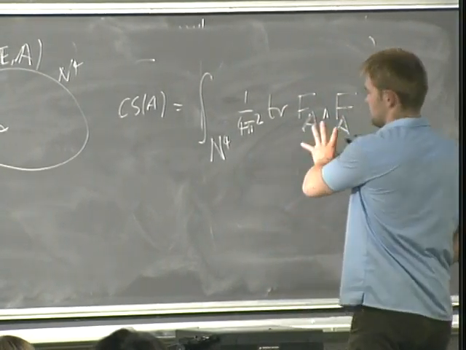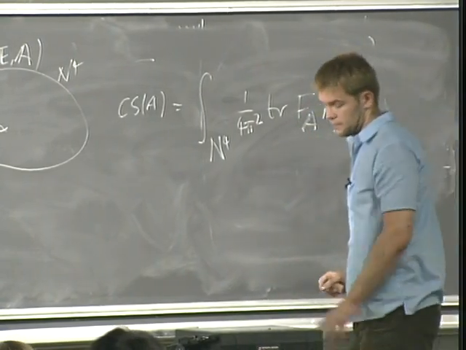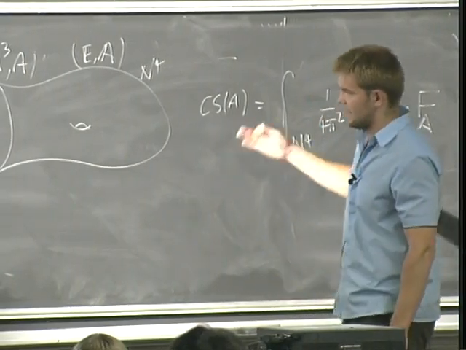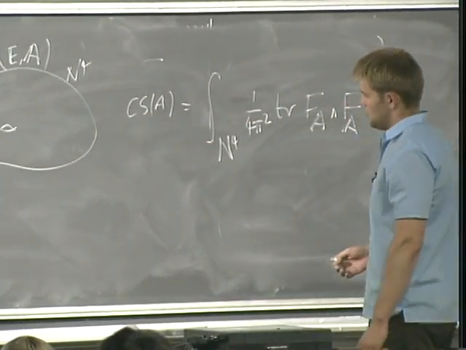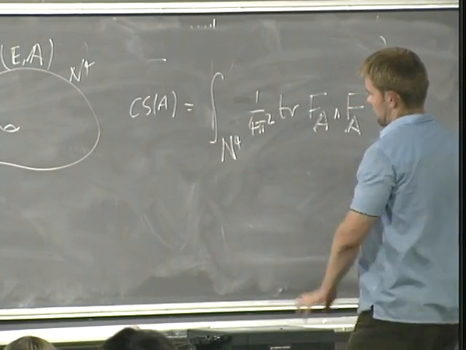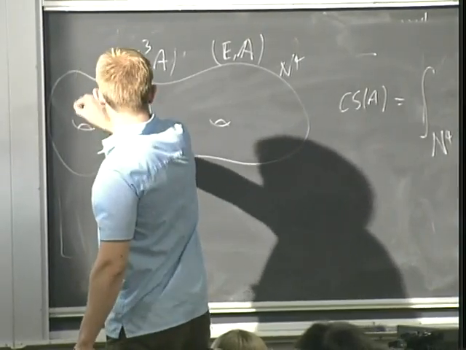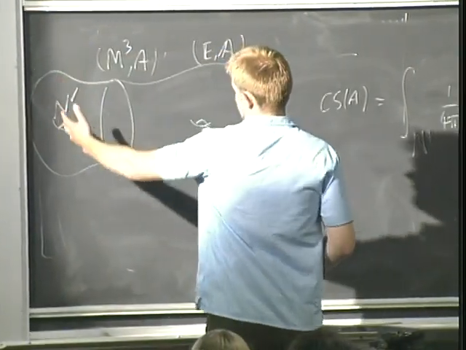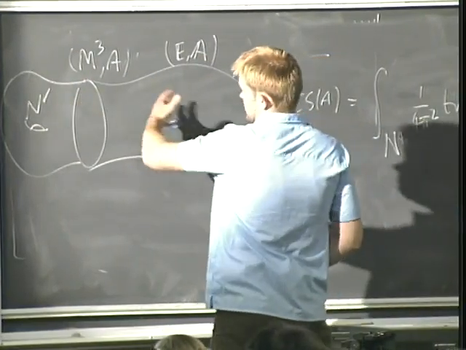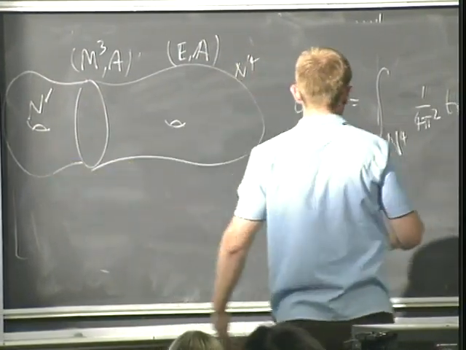This is not an integer because I'm integrating on a manifold with boundary. And this is why it's gauge invariant. If you chose a different 4-manifold, N primed, and a different extension, then you could glue the two extensions together, get a connection over the whole compact 4-manifold.